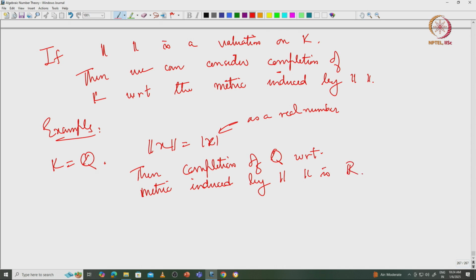If you take Q and you take its completion with respect to the usual metric, you get real numbers.